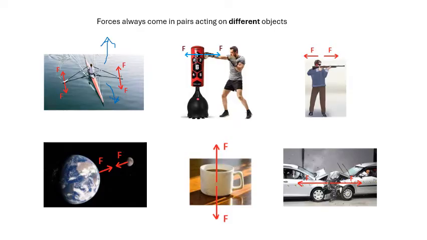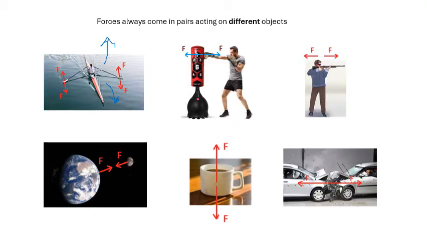This bloke here punching a punch bag, he's applying a force to the punch bag. The punch bag is applying a force equal and opposite in the opposite direction. If you punched a wall, then the wall experiences a force. The wall pushes your hand in the opposite direction and you break a few fingers.